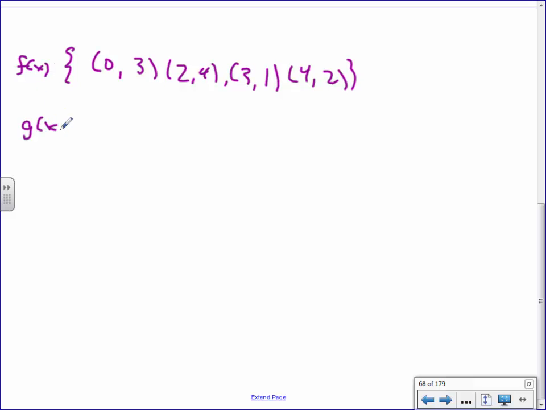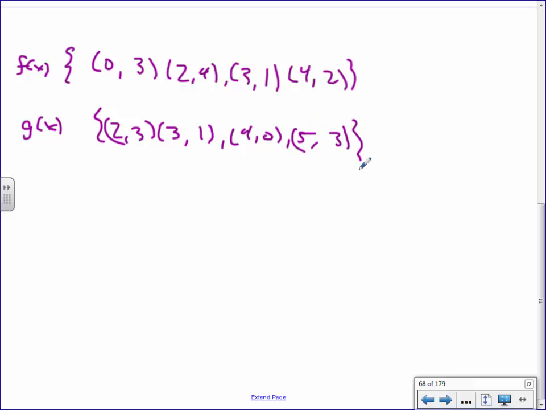Let's let this be g of x. All right, let's do this, because I think this is what's on your assignment. Something that looks somewhat similar to this.